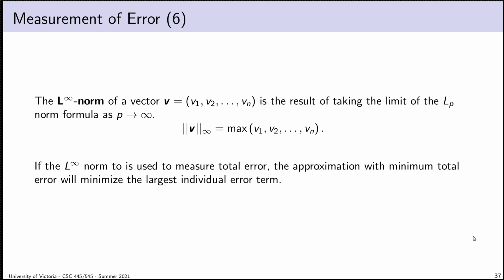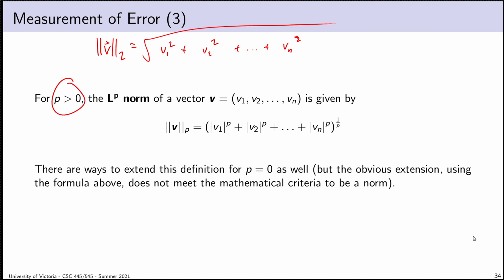There's also this very interesting case, the L infinity norm. So wait a minute, infinity is not a number, Bill. How are we able to do that? The idea is if we take the limit of this formula, if we consider what happens as p approaches infinity, it turns out it converges to something. As p gets larger and larger and 1 over p gets smaller and smaller, they do reach an equilibrium.